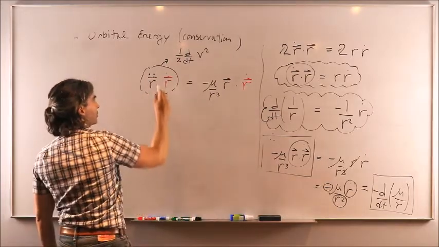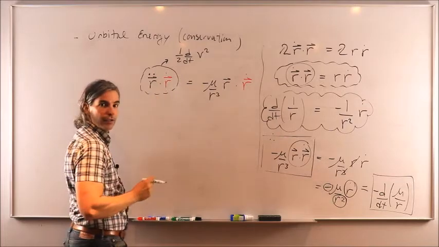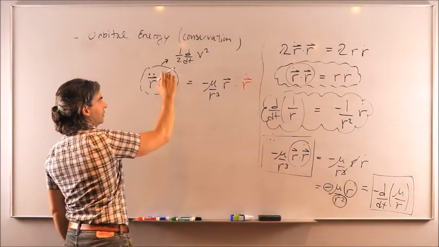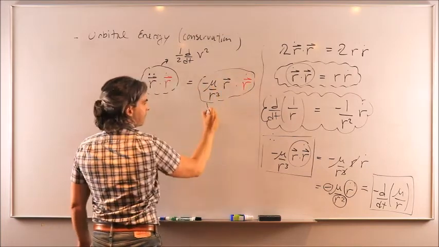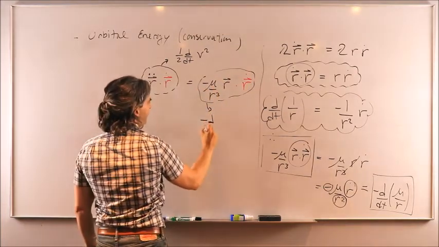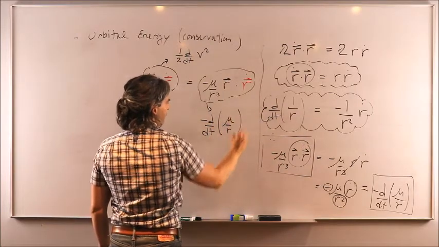And again, what we did was to take the two-body equation of motion and apply the dot product of the velocity vector on either side of that equation, the term in red, essentially. And now I'm going to replace this with minus d dt of mu over r.